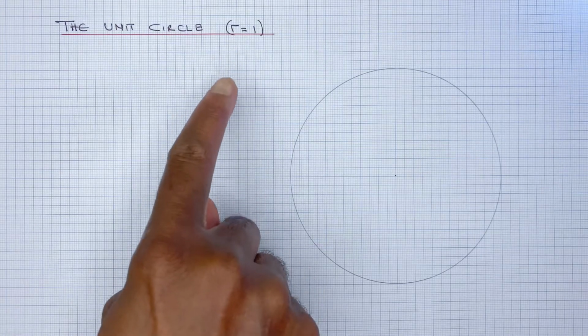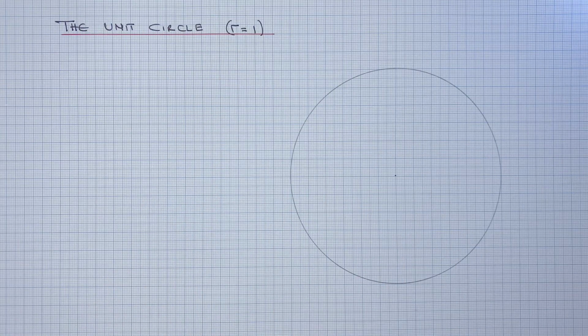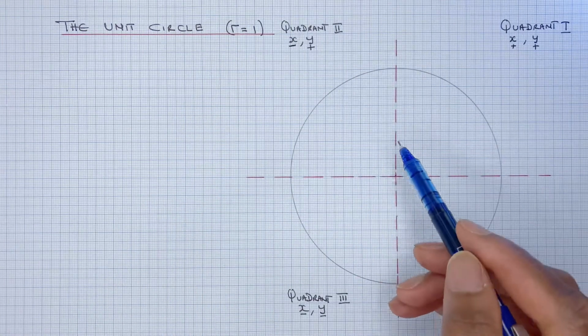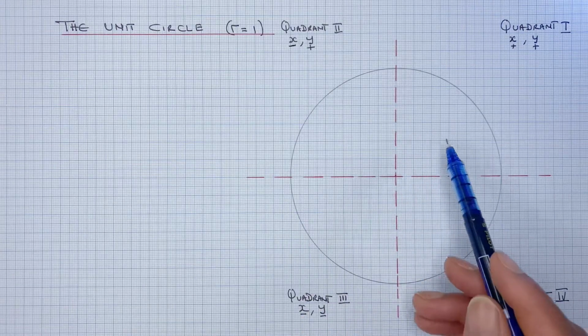That's a radius equals 1, and that's a circle. Okay, now I've divided this circle into 4 quadrants.